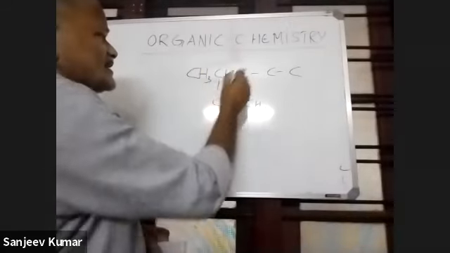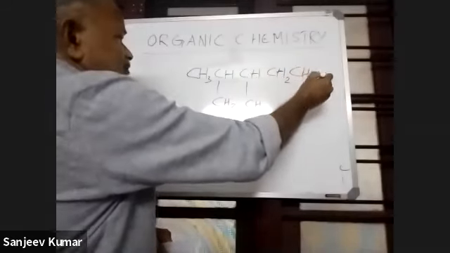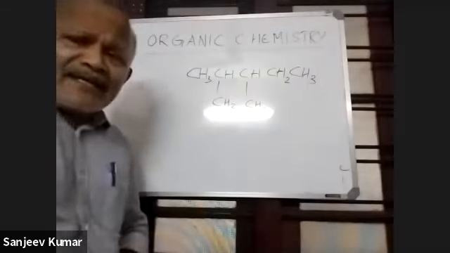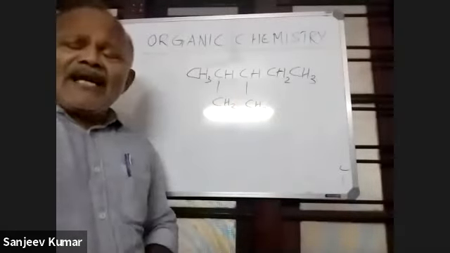So it is CH3, CH3, CH3, CH2, CH3. Carbon is always tetravalent in its compounds, and therefore this is 2,3-dimethyl pentane.